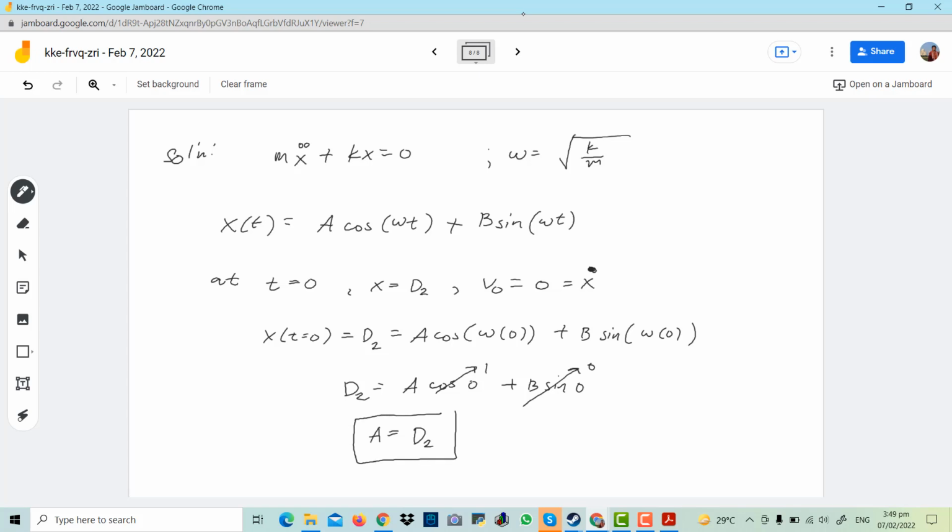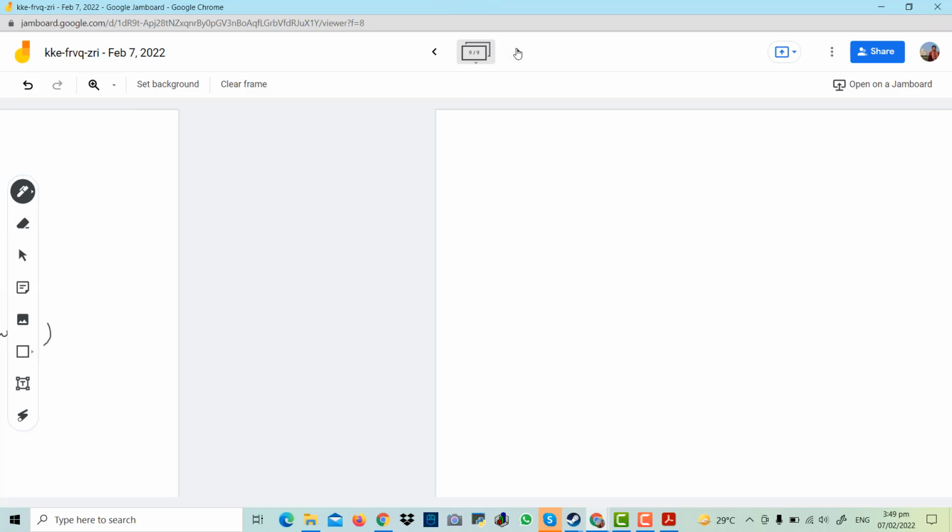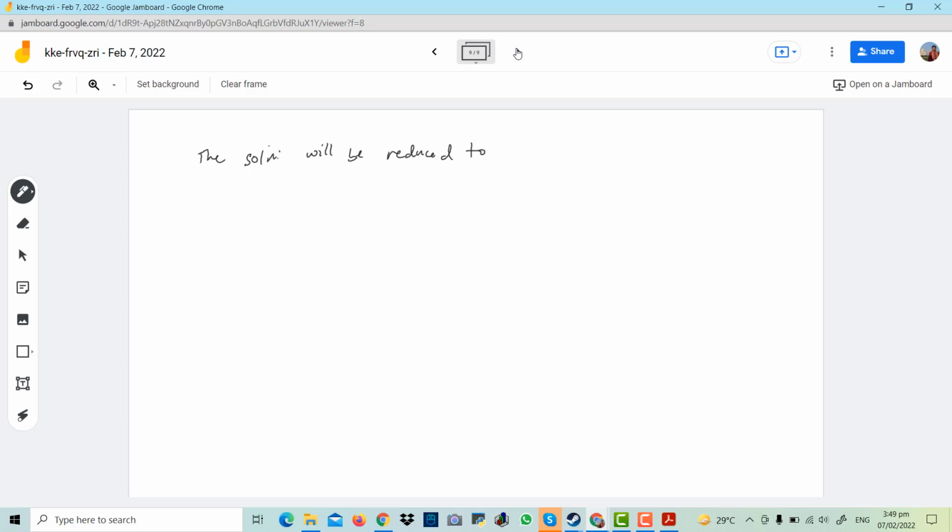The solution will be reduced to x of t equal to a cosine of omega times t.